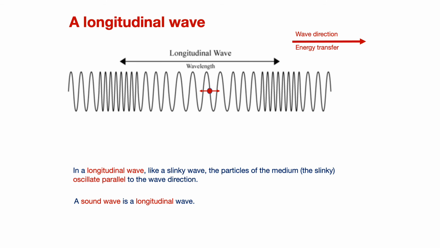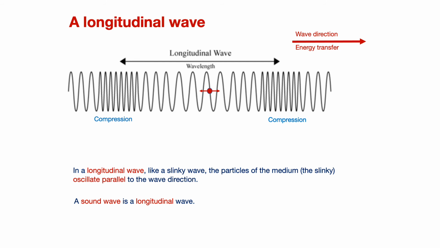Sound waves are longitudinal waves, and in fact, sound waves are the only kind of longitudinal wave you will meet. Some vocabulary for longitudinal waves. The part of the wave where the spring particles are all squashed together or compressed is called a compression. So there's one compression shown, and another compression, the next one along.